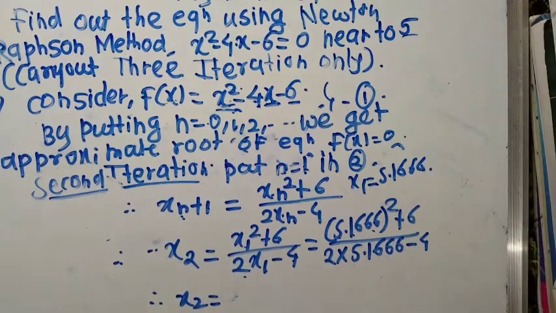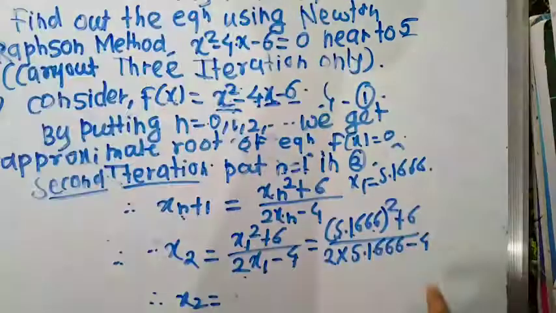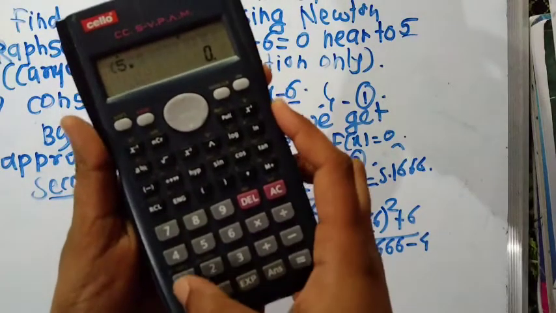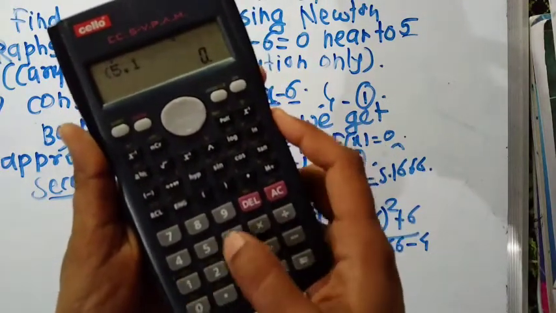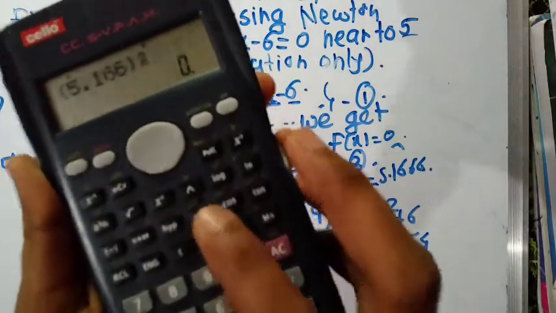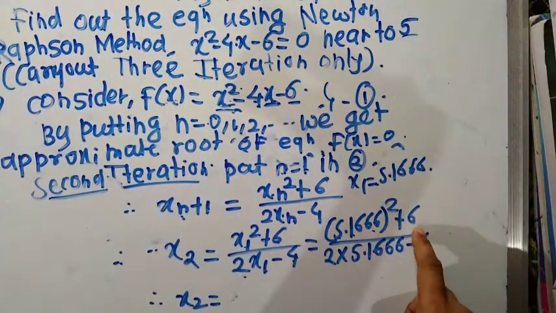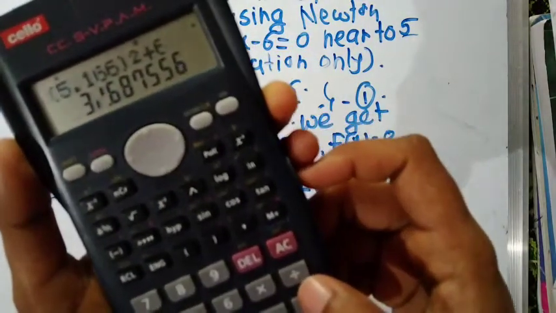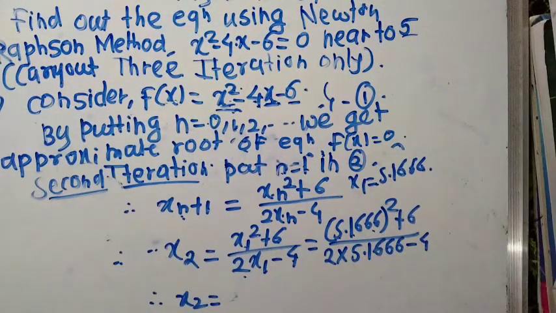5.1666 square plus 6 is equal to 32.687.